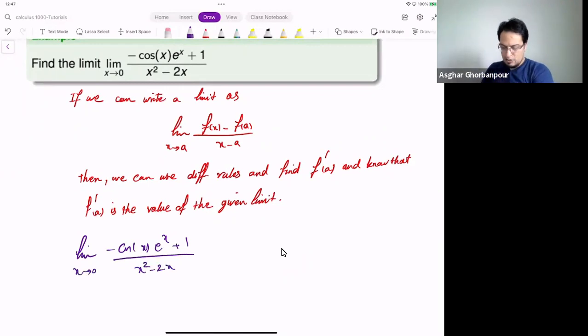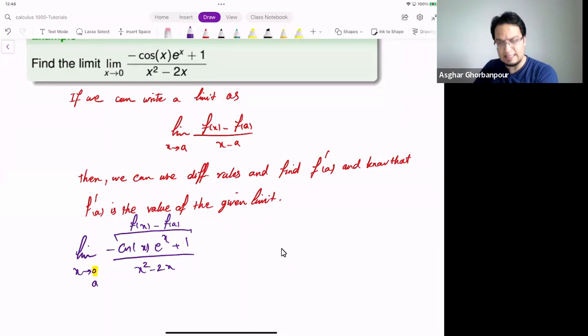I see that there is this x approaching 0. So most probably I can take this as my a. And then I will try to make the numerator f at x minus f at a. The denominator must have just x minus 0.